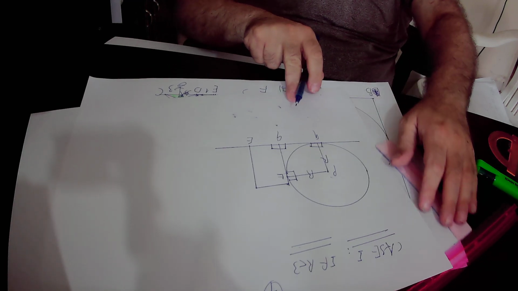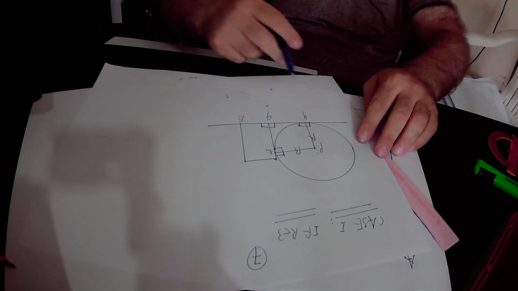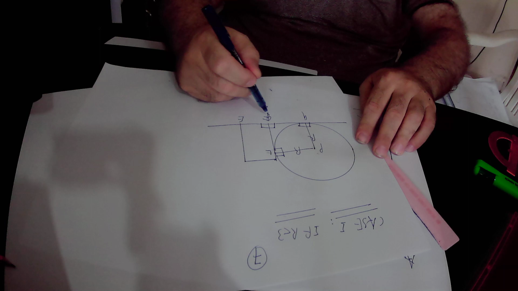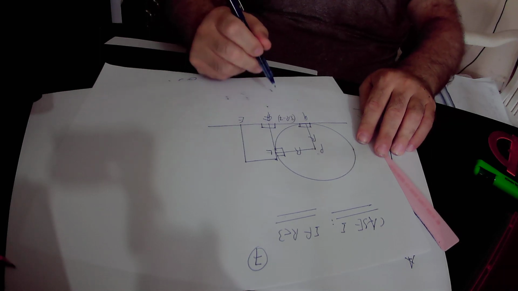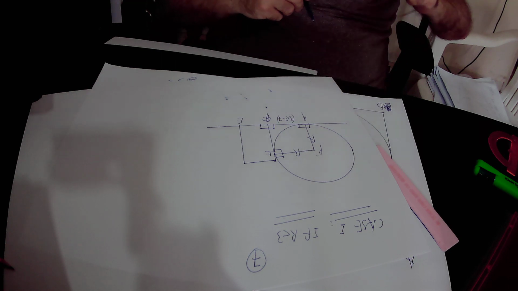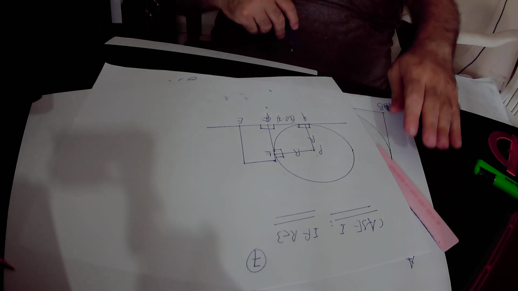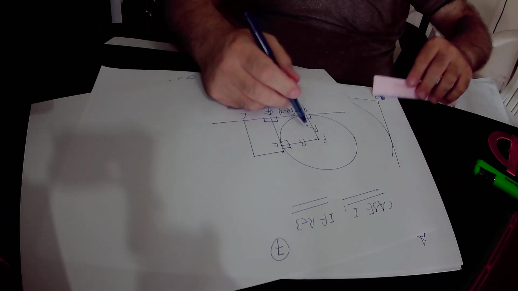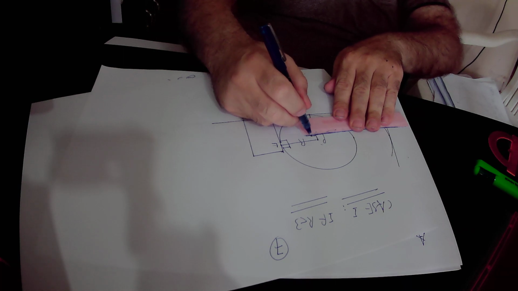Actually, inside quadrilateral PLQF, we have 1, 2, 3 right angles. Therefore, the fourth angle must also be equal to 90 degrees. So inside quadrilateral PLQF, we have 4 right angles.